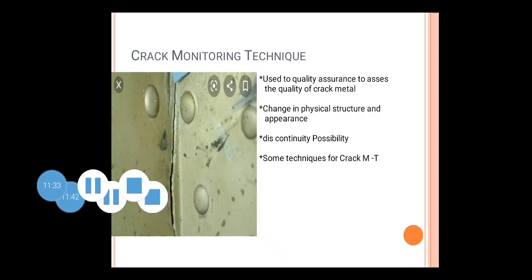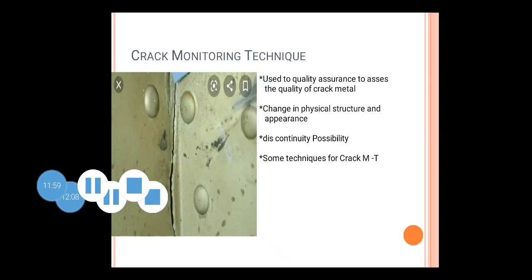This type of technique is used for quality assurance to assess the quality of the metal. With the help of that we can assure quality, or else so many types of defects may arise.